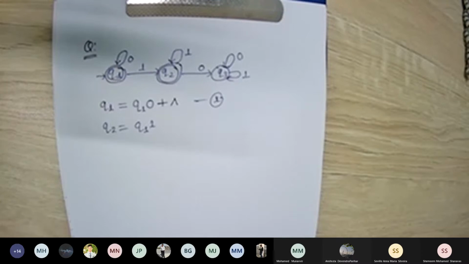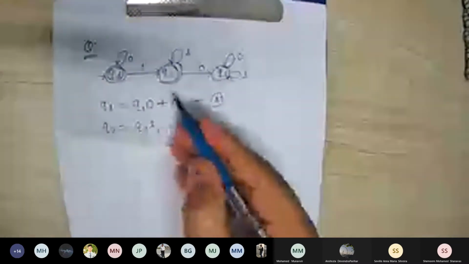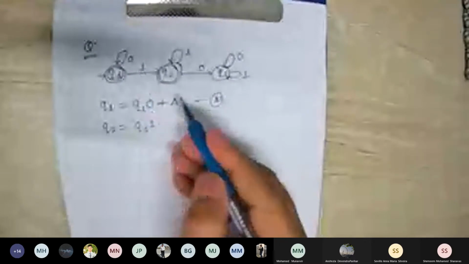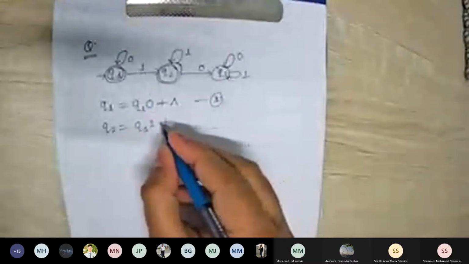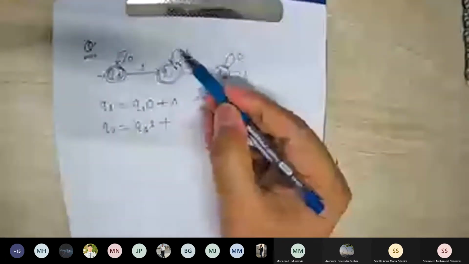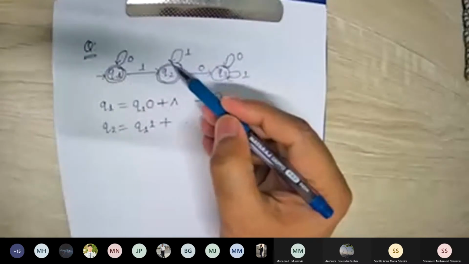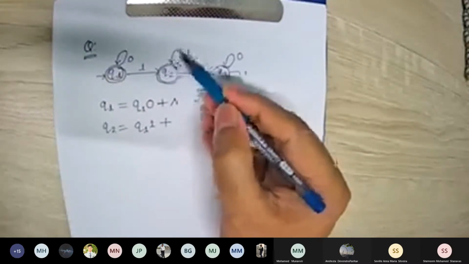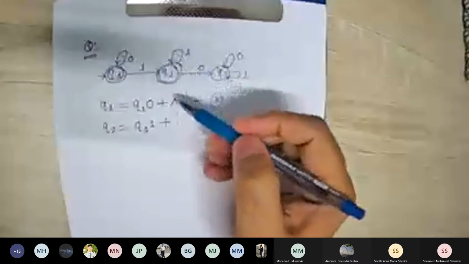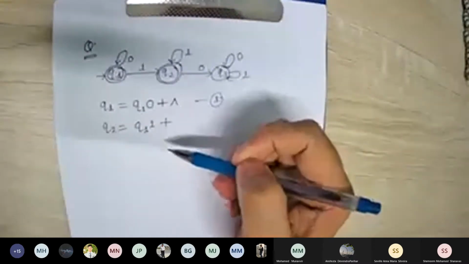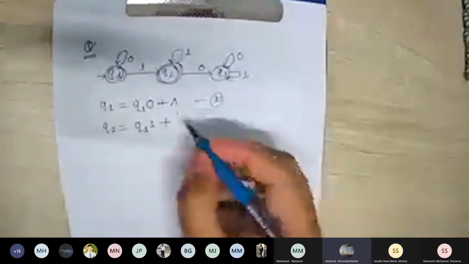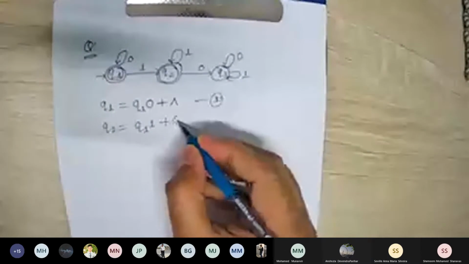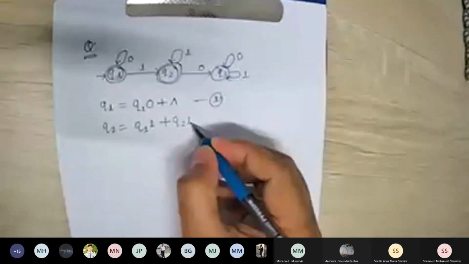You check from where it is incident. At Q2, it is coming from Q1, and the input was 1, so you write Q1 1. Then one more input is coming from Q2 itself, so you write Q2 1.